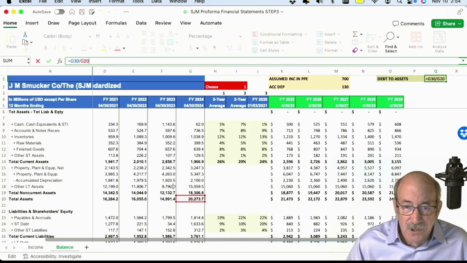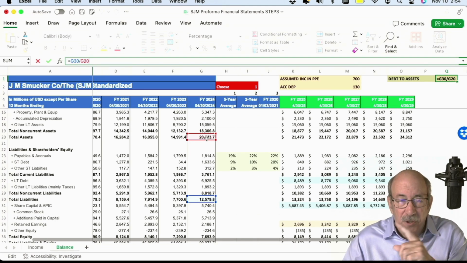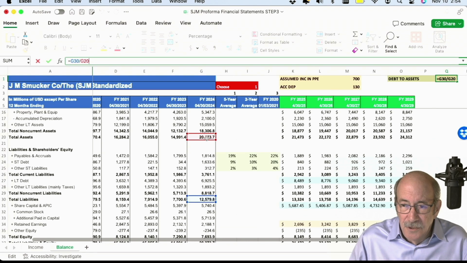Notice I've looked at fiscal year 2024, and I've got total liabilities divided by total assets. So it's the total amount of debt, both short-term and long-term, that's on my balance sheet as of 2024.